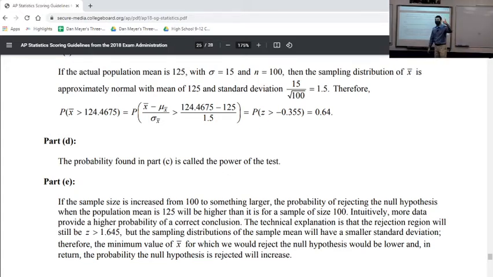Increasing sample size also increases power. The rejection region will still be there, but the sampling distribution will have a smaller standard deviation. So with a smaller spread in this actual distribution, we are going to reject more often when we are supposed to. So power goes up because sample size goes up.